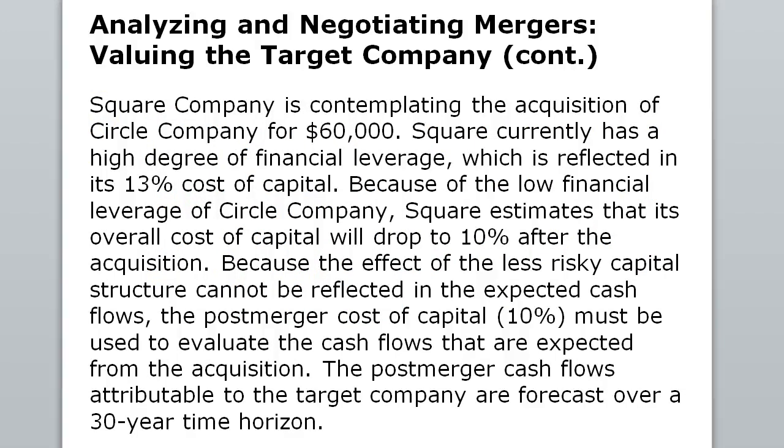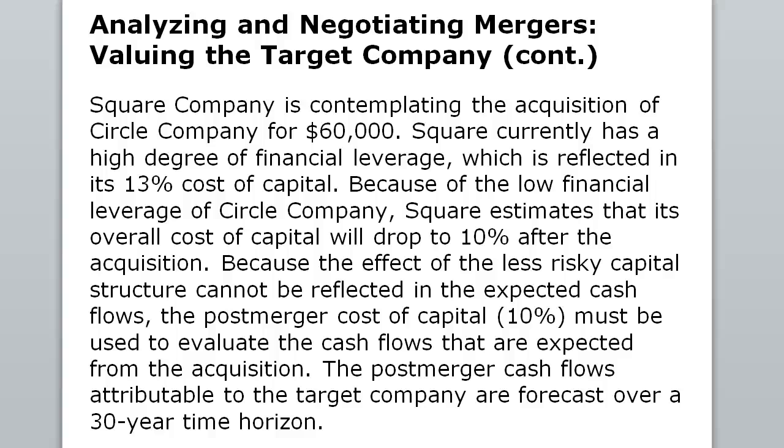Okay, so Square Company is thinking about acquiring Circle Company for $60,000. Square currently has a high degree of financial leverage, which is reflected in its 13% cost of capital. Because of the low financial leverage of Circle Company, Square estimates that its overall cost of capital will drop to 10% after the acquisition.